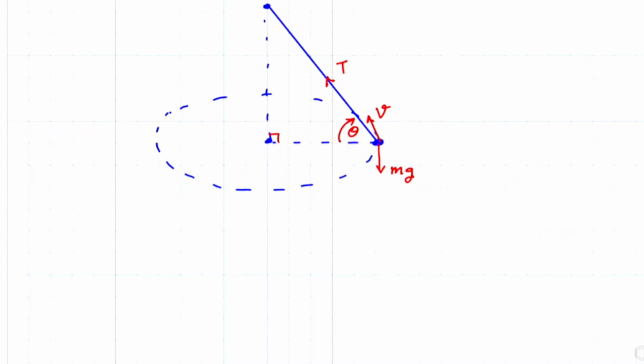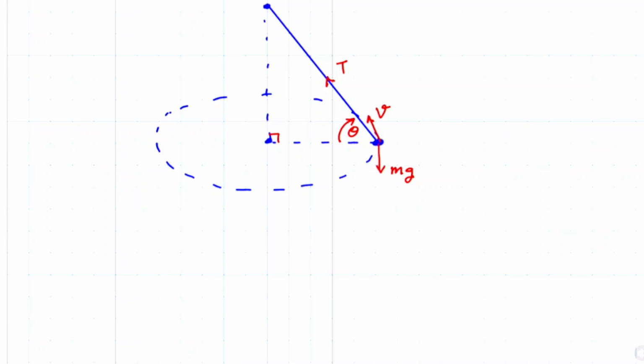Now we'll try to understand the math part. Okay. So now we'll discuss. Look, this is the object, right?